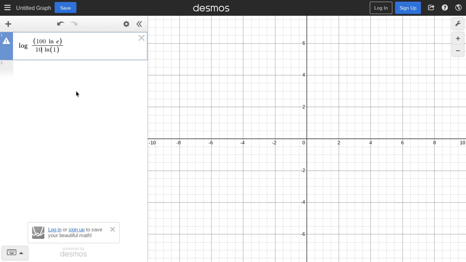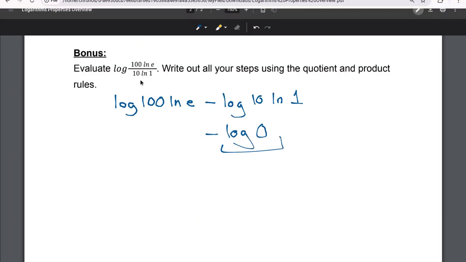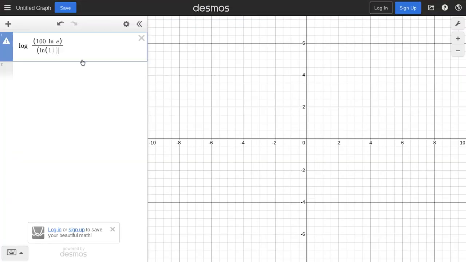Notice here that we're having an issue. It's not giving me anything. Desmos doesn't even know what to do. It's saying use parentheses.